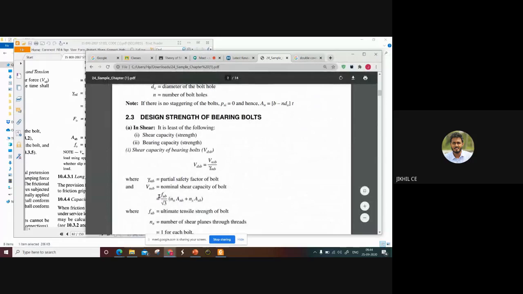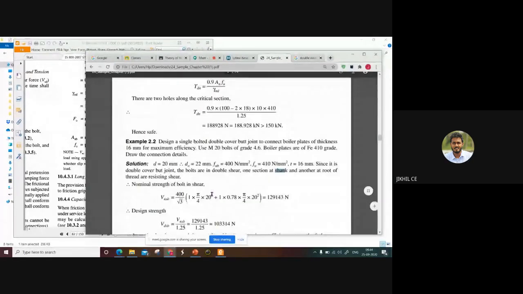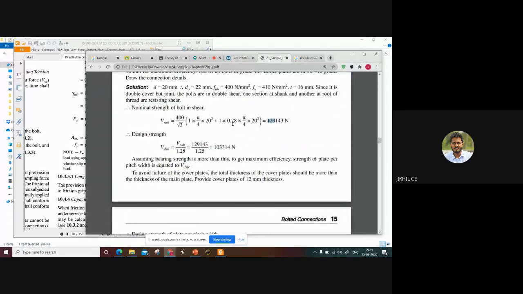Okay, this equation: Vnsb equal to Fub by root 3 into (nn Anb plus ns Asb). So assuming one plane is on the shank and one is on the thread, 400 by root 3, same value, into one plane at the full area, pi by 4 into 20 square, plus one plane at the reduced area, 0.8 into pi by 4, 20 square. So we got the value as 129 kilonewton for the shear strength. Design strength is the obtained value divided by 1.25, say 103 kilonewton.